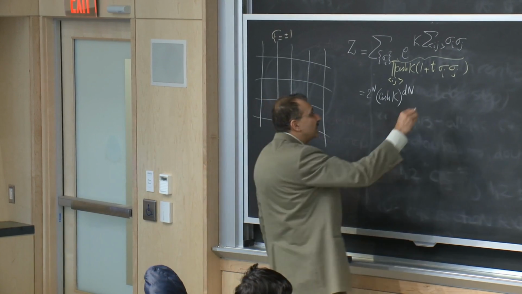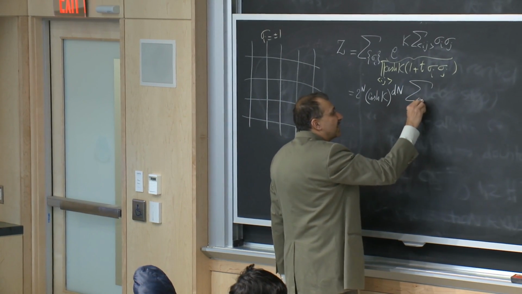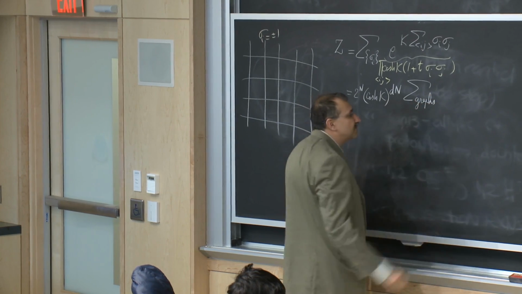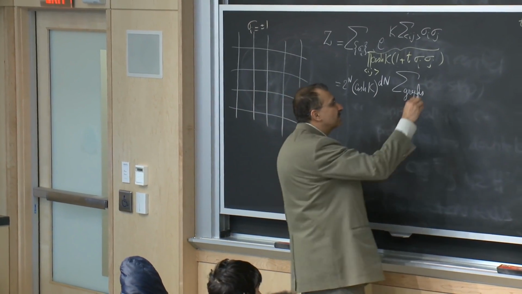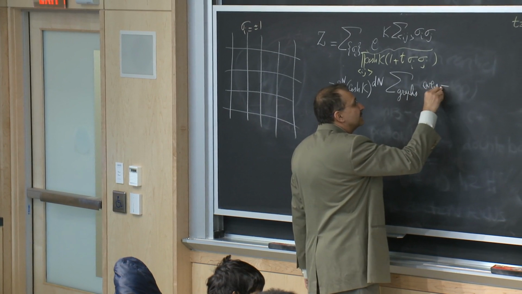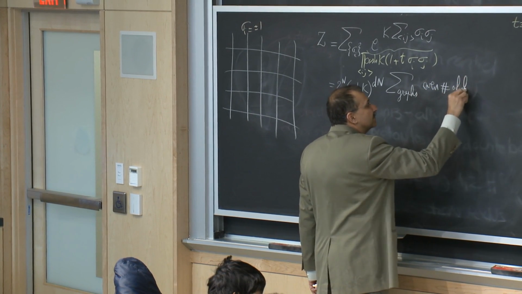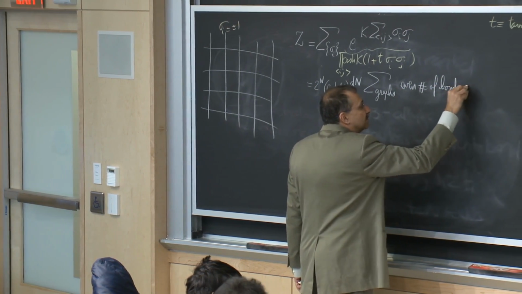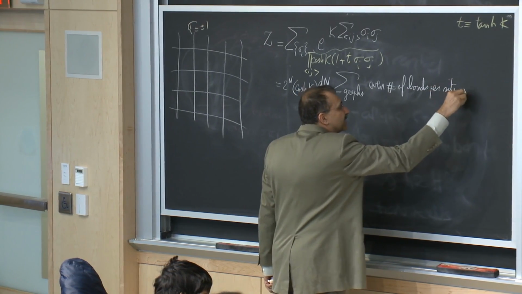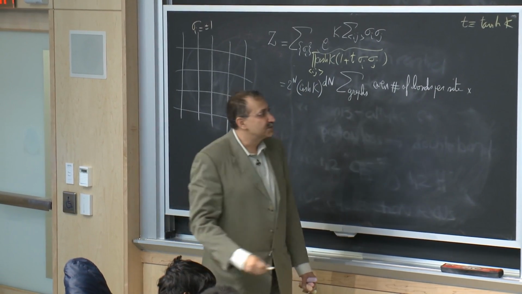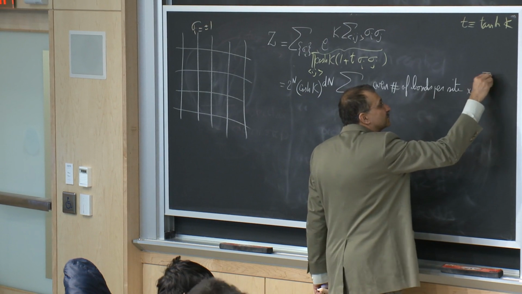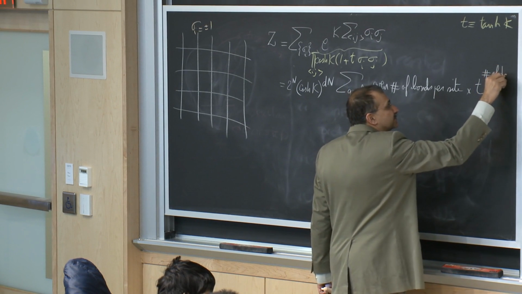And then we had a sum over graphs where we had an even number of bonds per site. And the contribution of the graph was basically t to the power of the number of bonds.